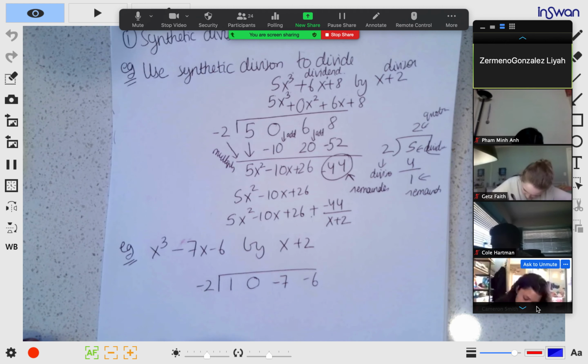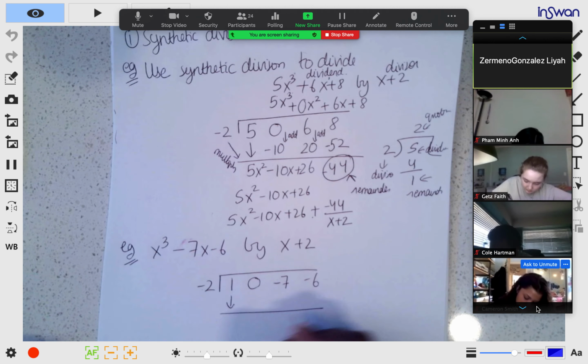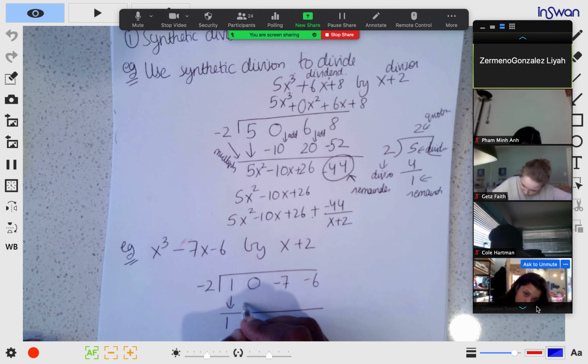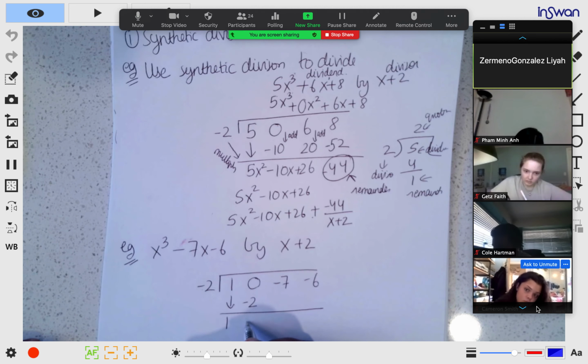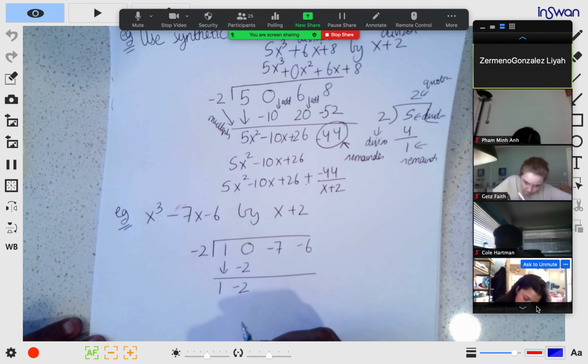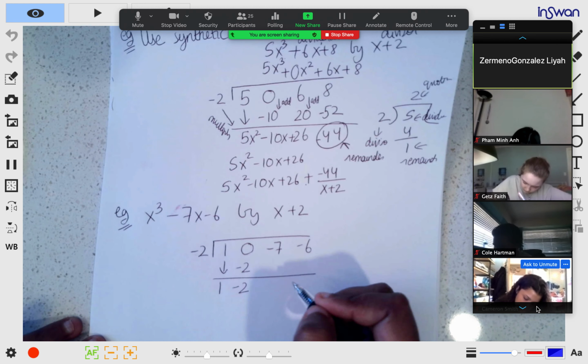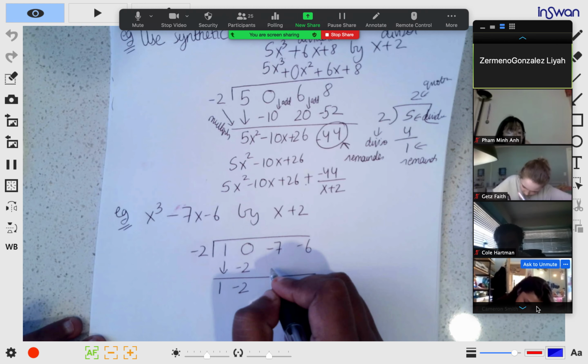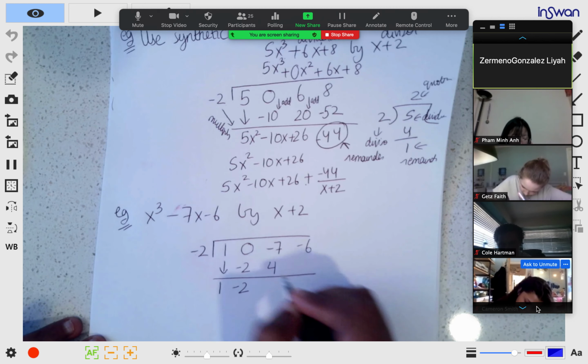What's my first step after this, Leah? Bring down the 1 and then multiply -2 and 1, which is -2. Add to 0. You get -2. Then you multiply -2 times -2, which is 4, and add that to -7, which is -3.